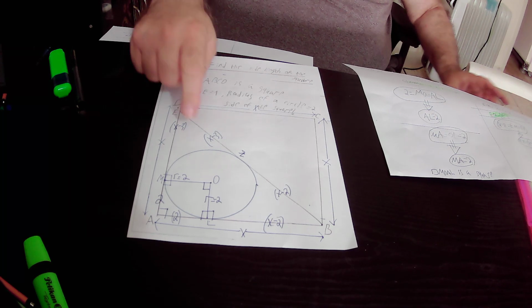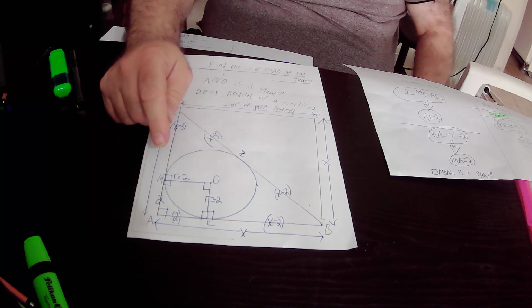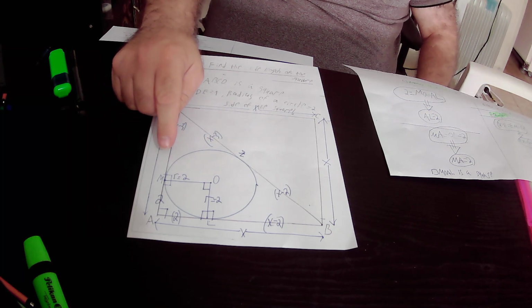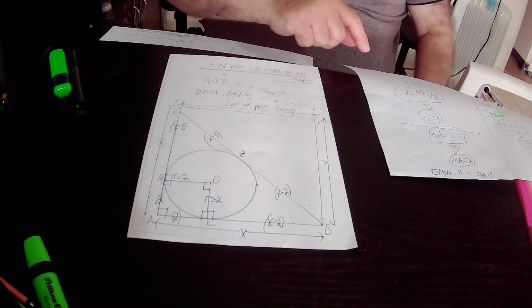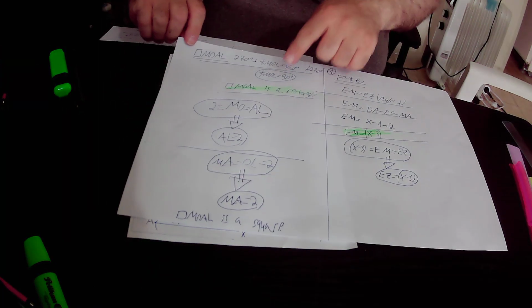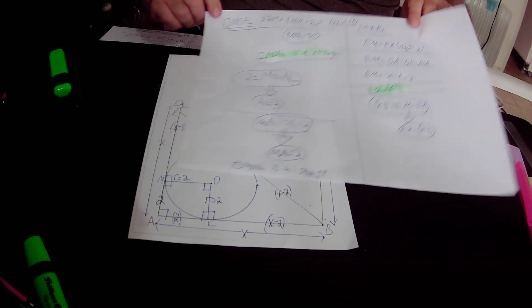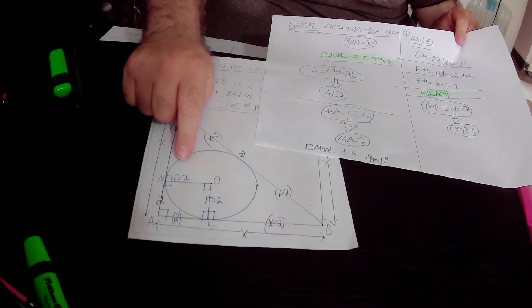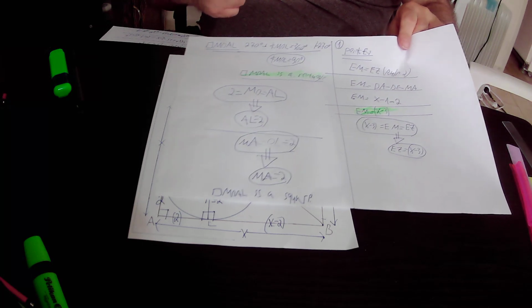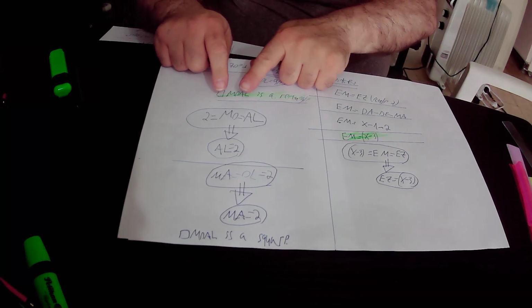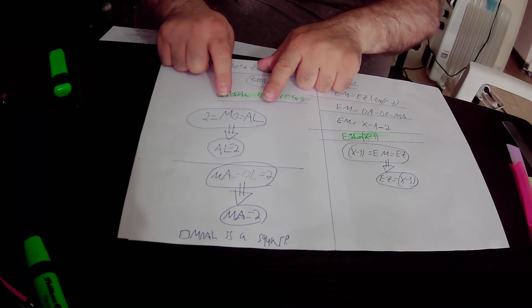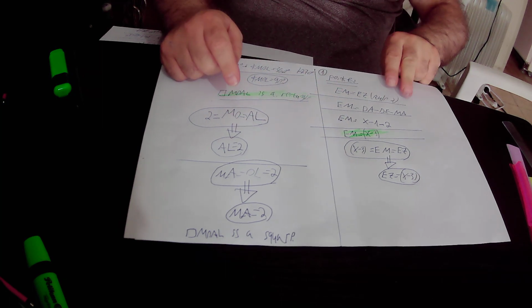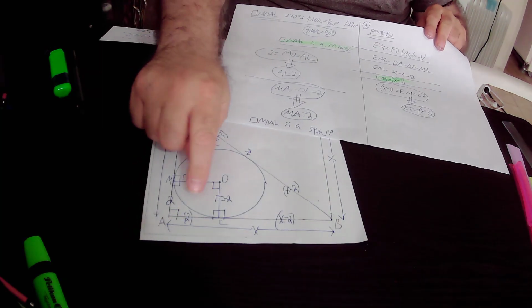So in rectangle MOAL, MO equals AN. But we have already found out that MO equals 2 units. This is the radius of the circle. And from the equation 2 equals MO equals AN, we derive that AN is also equal to 2 units.